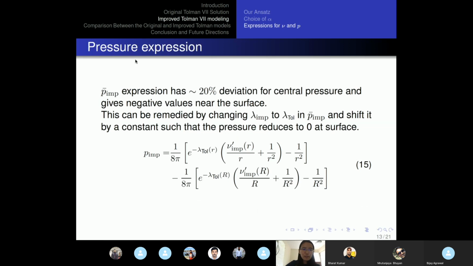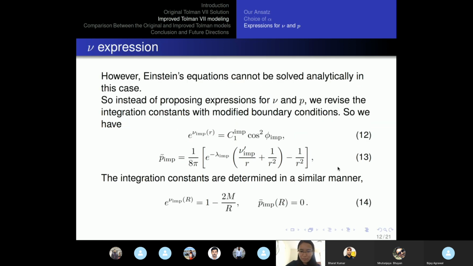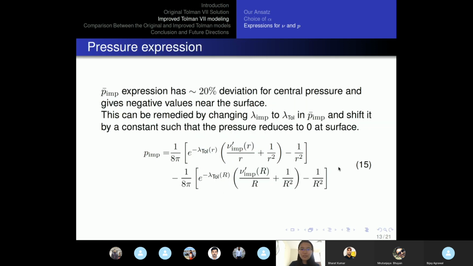As for the pressure expression, we cannot use the one from equation 13. This one is only good for determining the integration constants. For the whole profile, this is not a physical solution because it is not a solution to the Einstein equation.